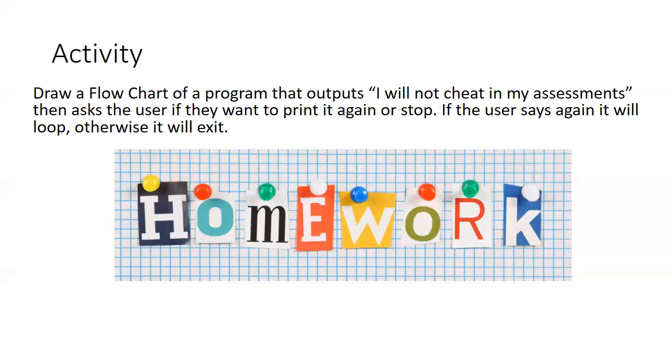And if it's again, then we go and print that and we ask them. And if it's not, then we end or finish. So I hope that didn't confuse you, because I missed out this step, but I put it back in there when I realized what I said.